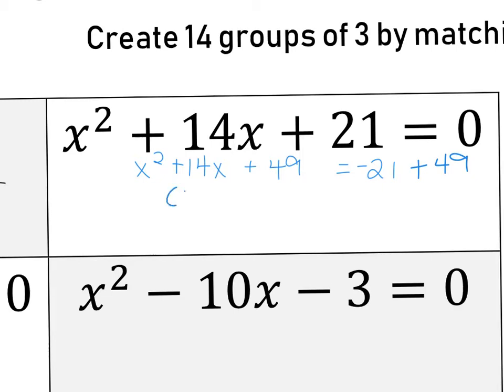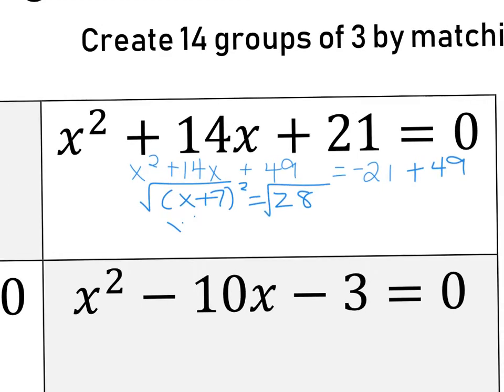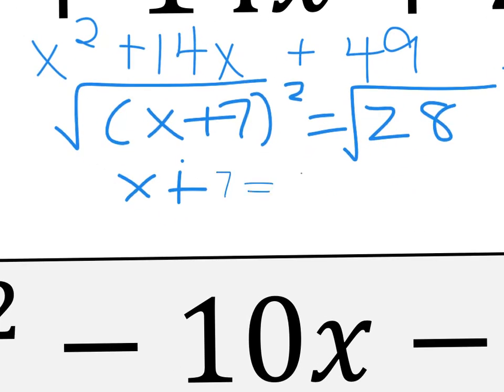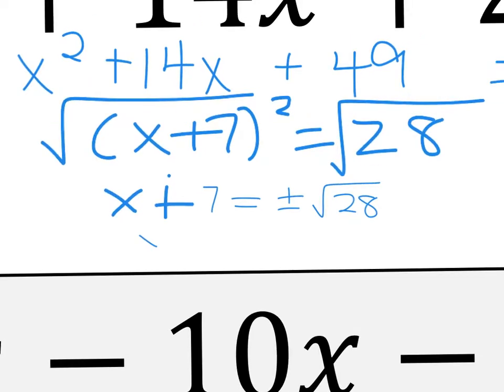So this side is going to say x plus 7 squared equals, and if I do negative 21 plus 49, I get 28. Now I square root both sides, so this is x plus 7 equals plus or minus the square root of 28. Now, if I move the 7 over, I get a negative.